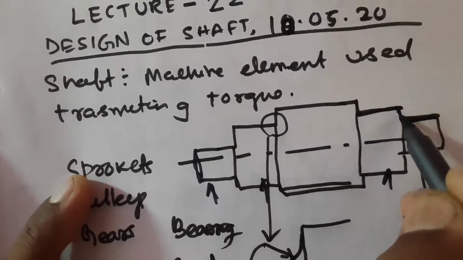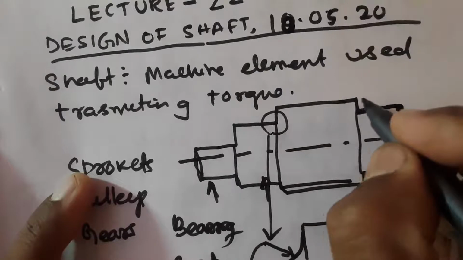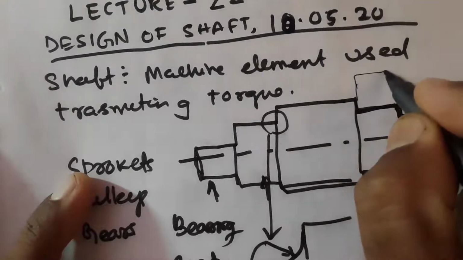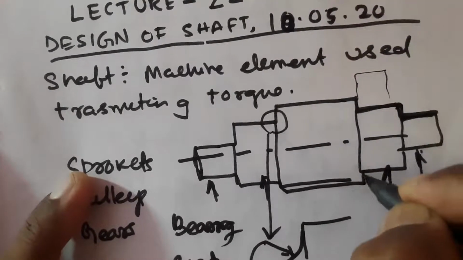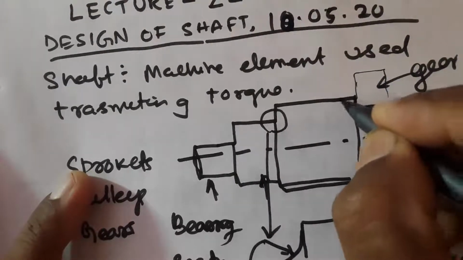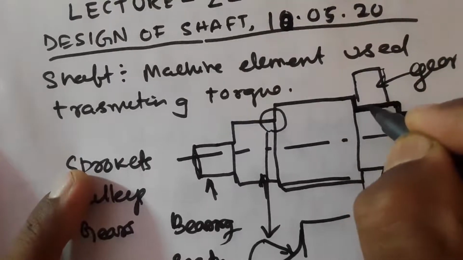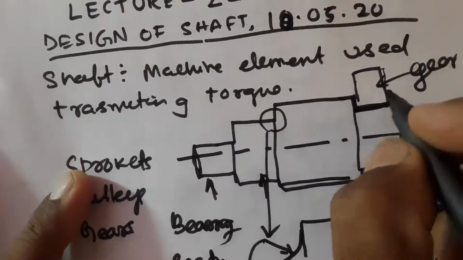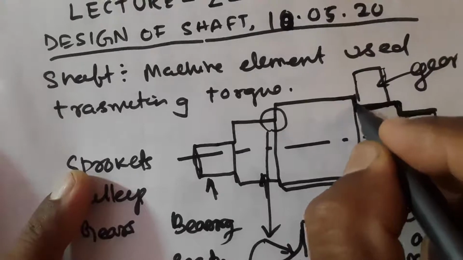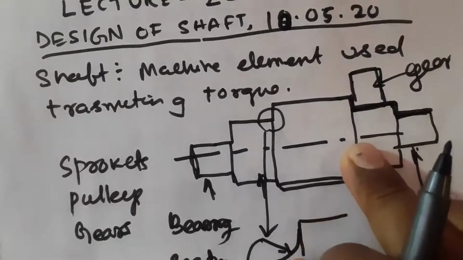These are the shoulders provided on the transmission shaft, where if you want to put a gear, let's say this is the gear, these steps are provided so that the gear will sit perfectly, and it will arrest the axial movement of the gears on the shaft.